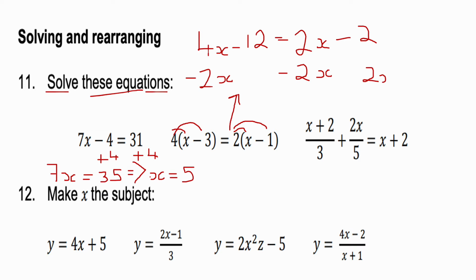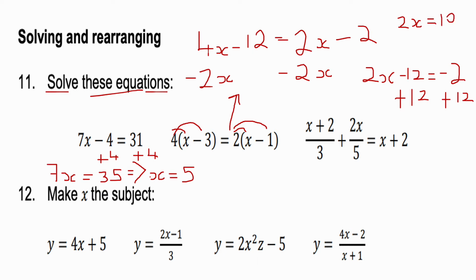So we get 2x take away 12 is equal to negative 2. I would then add 12 to both sides to balance the equation. So being careful here, when I add 12 to negative 2, I get 2x is equal to 10. Negative 2 plus 12 is equal to 10.